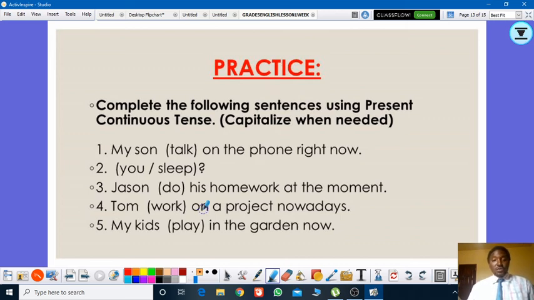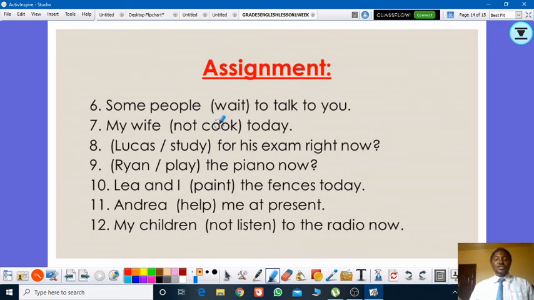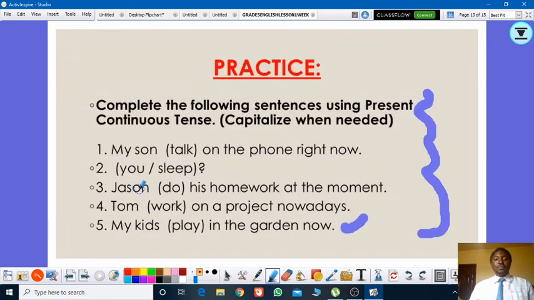As you know, you need to write these in your books, make some notes in your books every time there is a tutorial. Especially the practice, just copy in your books. Then you need to do the assignment. You need to continue the way we have done the practice part, where we complete the sentences using the present continuous tense.